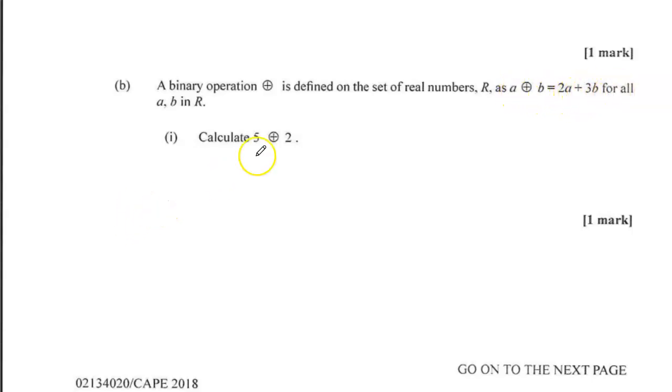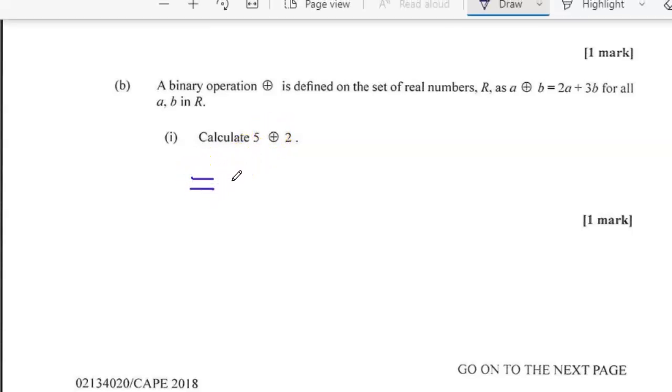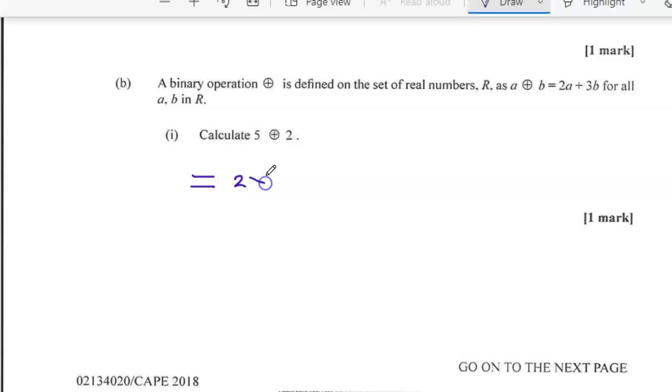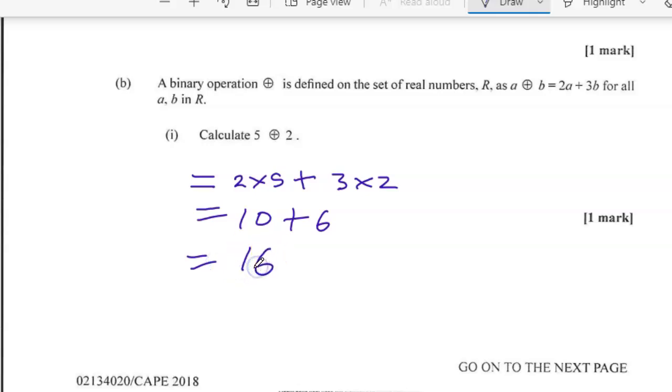So this is 2 times 5 plus 3 times 2. That's 10 plus 6, so the solution is 16.